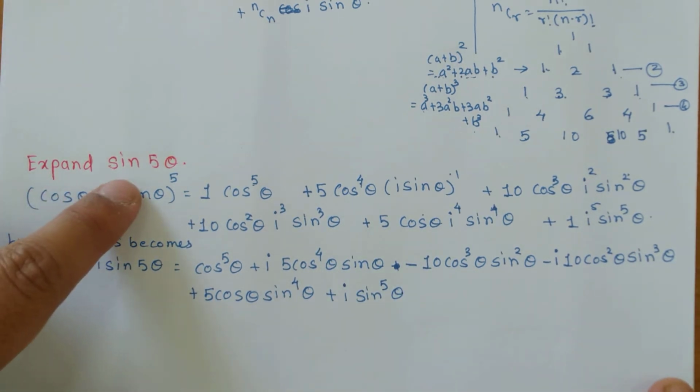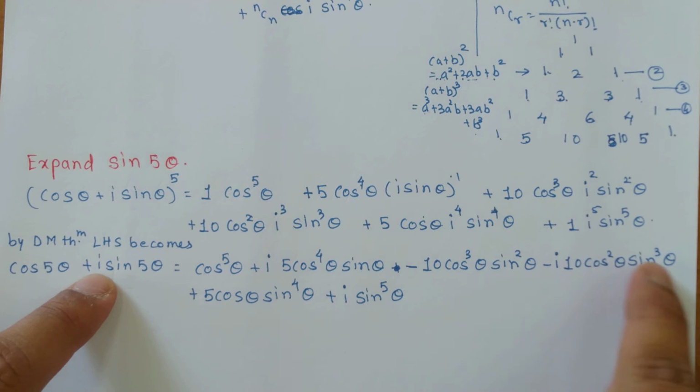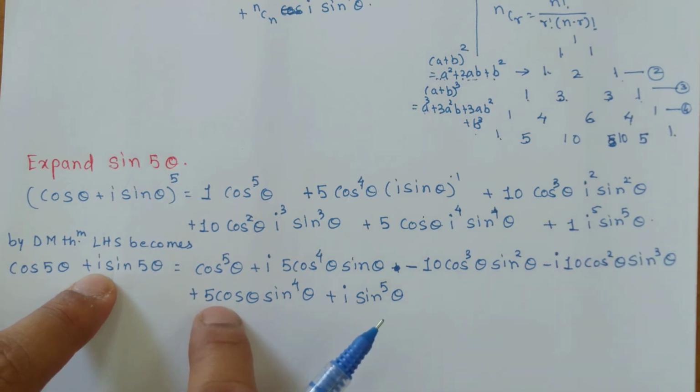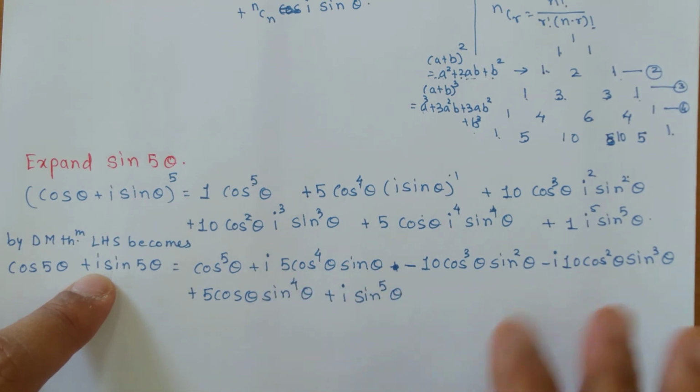Now we have to expand sin 5 theta. Just have a look at the LHS. Sin 5 theta has a multiple of i. So we take together all those terms where i is not present, and all those terms where i is present on the right hand side.